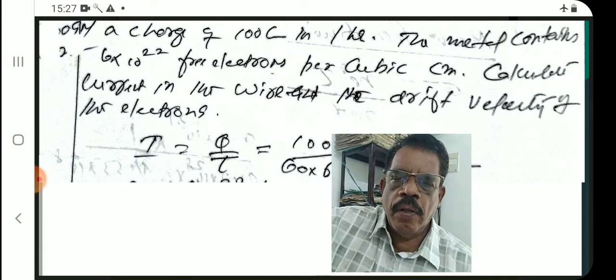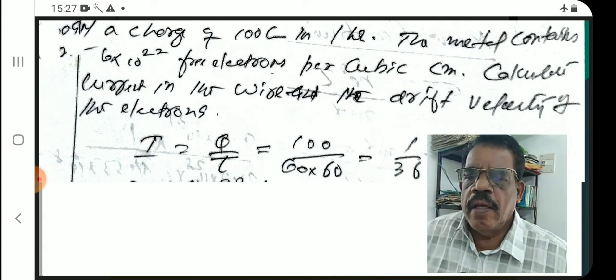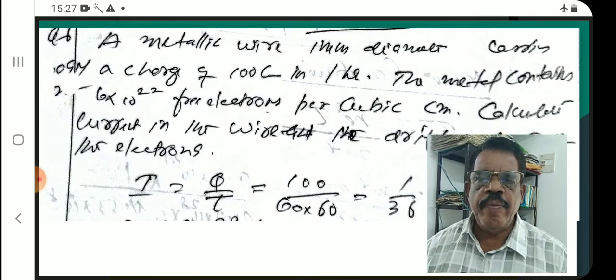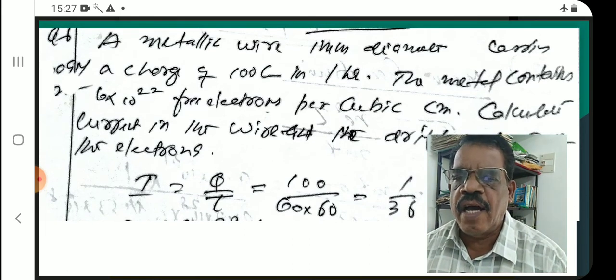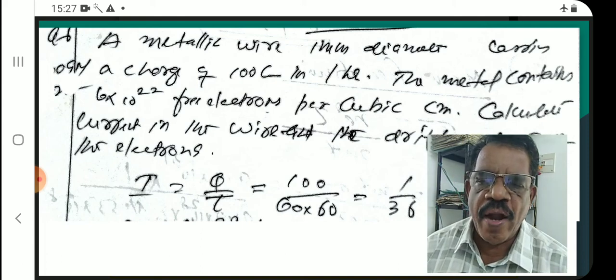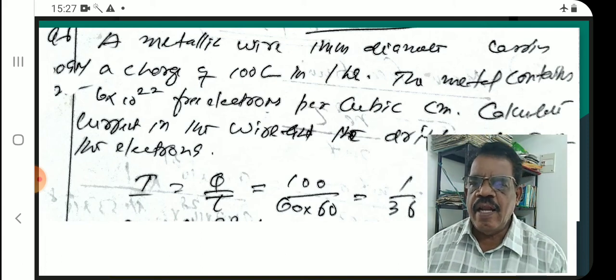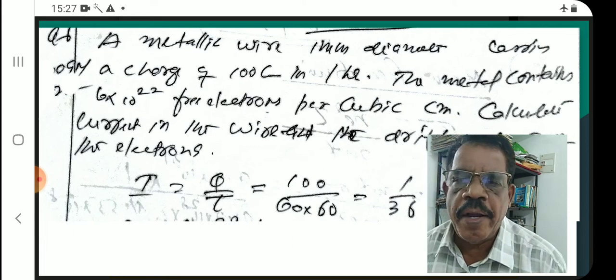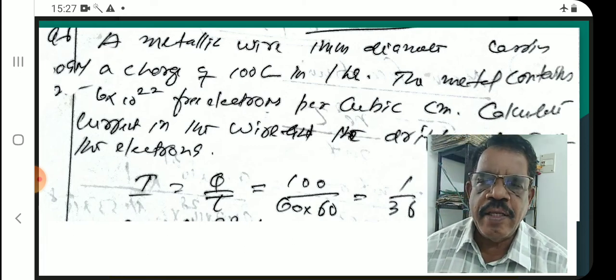You see the problem? A metallic wire 1 millimeter diameter carries a charge of 100 coulomb in 1 hour. The metal contains 6 into 10 raised to 22 free electrons per cubic centimeter.